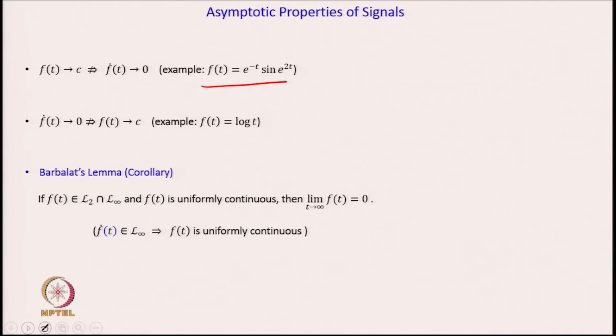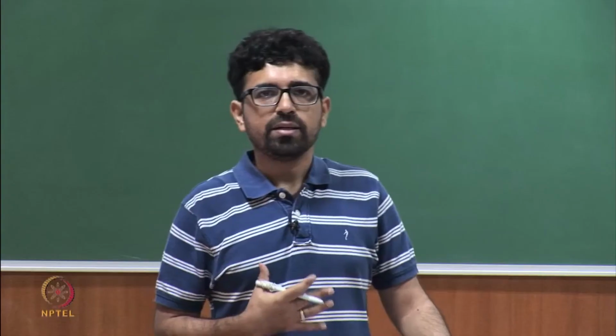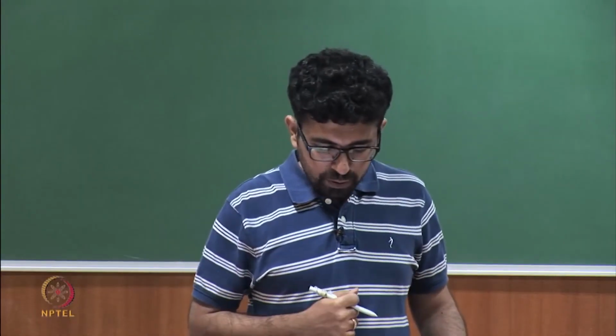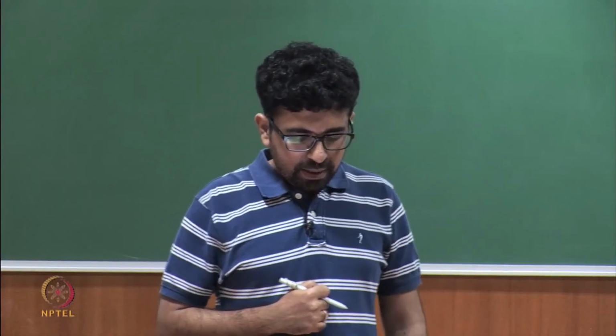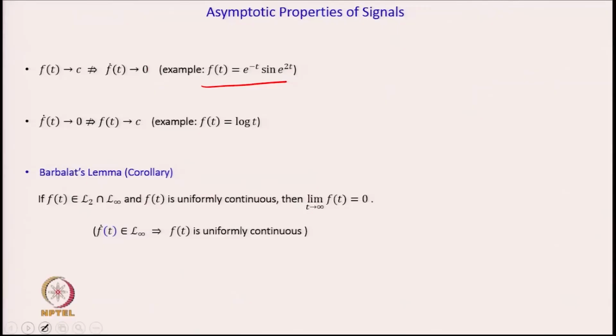All right. A very important result that we will be using again and again in this course is Barbalat's lemma. Here, in fact, I am talking about the corollary of Barbalat's lemma. If the function f of t belongs to both L2 and L infinity, so it is both bounded as well as square integrable, and the function f of t is also uniformly continuous.